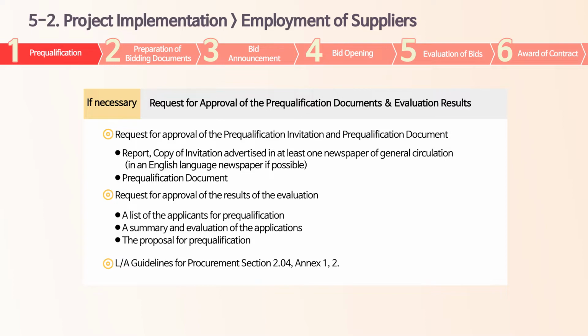After receiving PQ applications, PEA evaluates them taking into account their experience and past performance on similar contracts, capabilities with respect to personnel or equipment, and financial position. When the evaluation is over, request for approval of the results of the evaluation should be submitted to EDCF, along with the list of applicants, summary, and evaluation of the applications, and the proposal for pre-qualification.